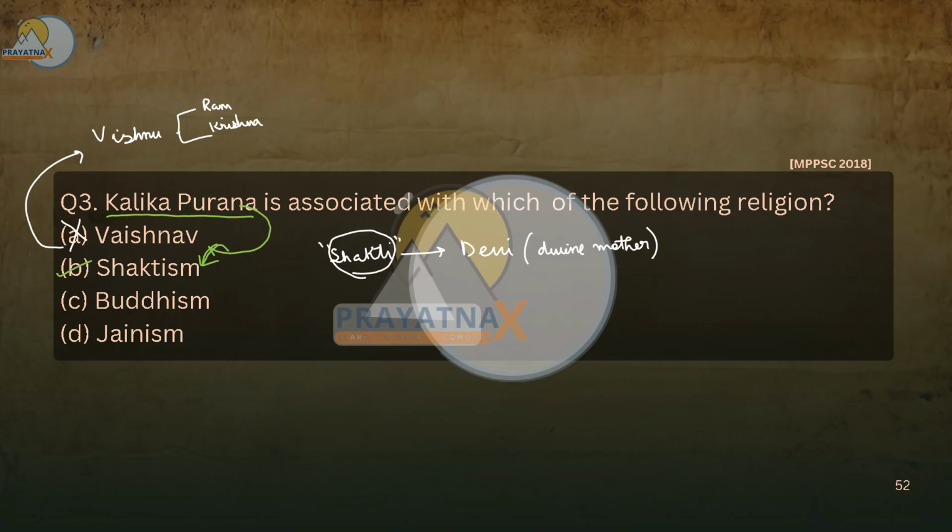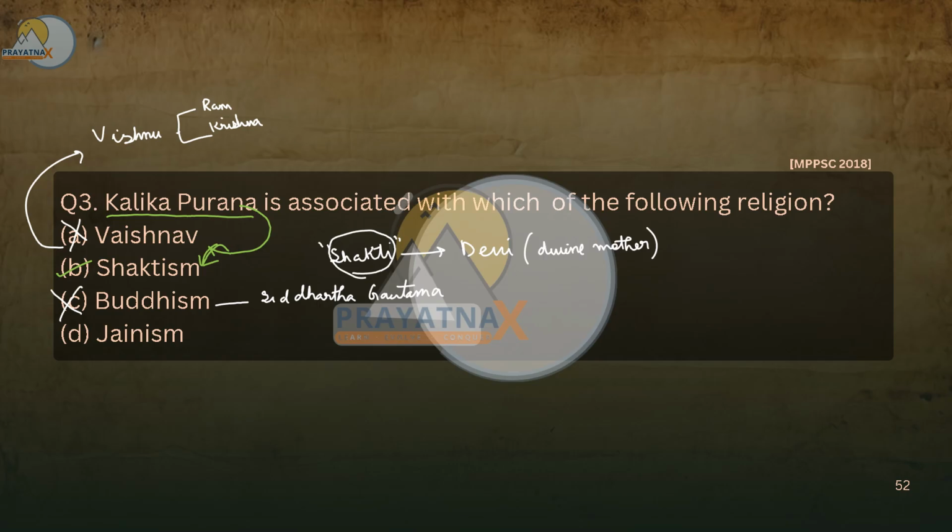And then for Buddhism, you may know that it is a religion in ancient India which was founded by Siddhartha Gautama, also known as the Buddha. Now, this religion does not at all focus on deities like Kali or the concept that is found in the Kalika Puran. So this won't be the correct option either.